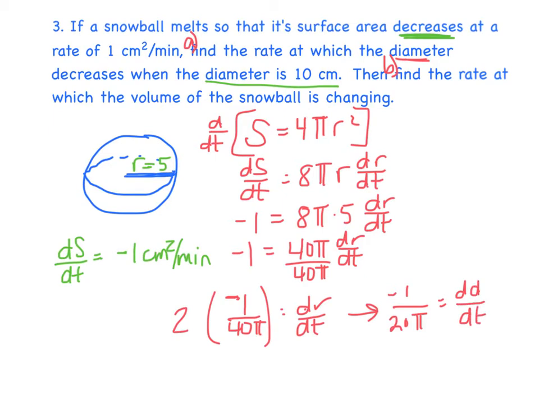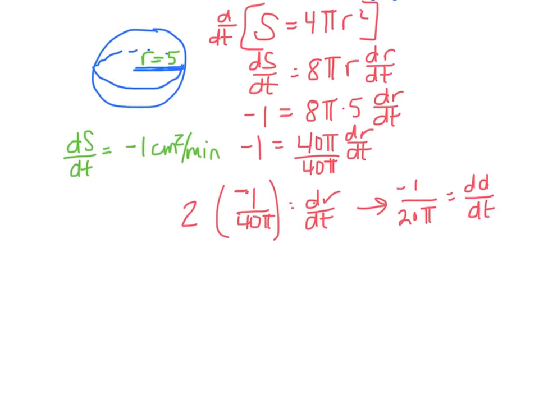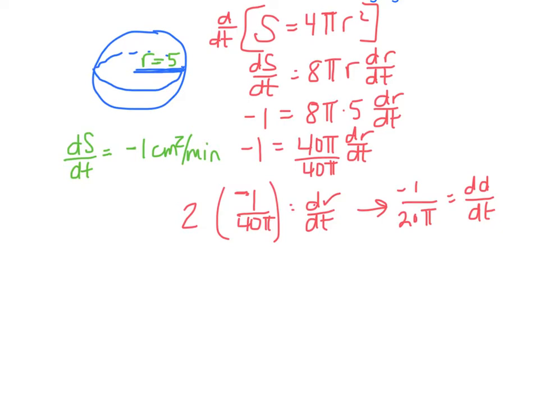Okay, and of course we need a unit of measure on that. So negative 1 over 20 pi, and we were talking about the surface area decreasing at centimeters squared per minute, and so the diameter would be centimeters per minute, equals dd dt.